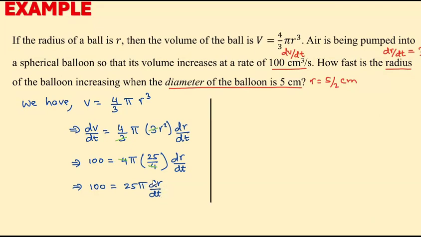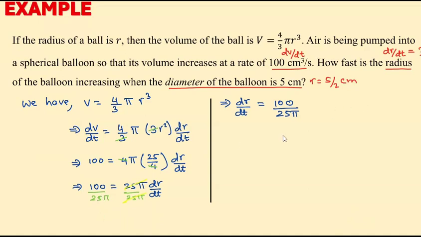Now, in order to find dr over dt, we need to divide on both sides by 25 pi. So this implies dr over dt is equal to 100 divided by 25 pi. The 25 pi on the right hand side gets cancelled, and we are just left with 100 over 25 pi.